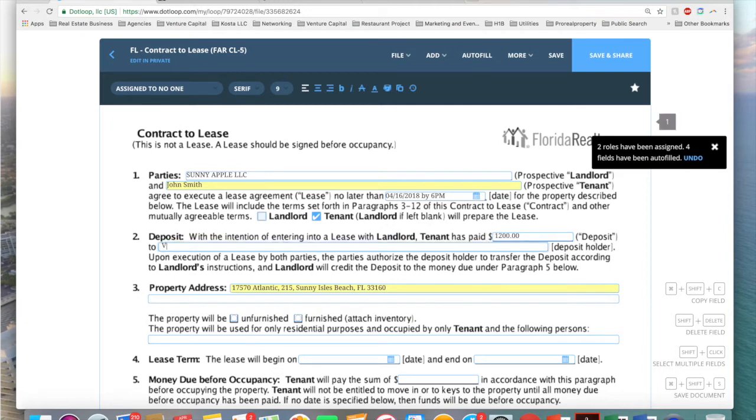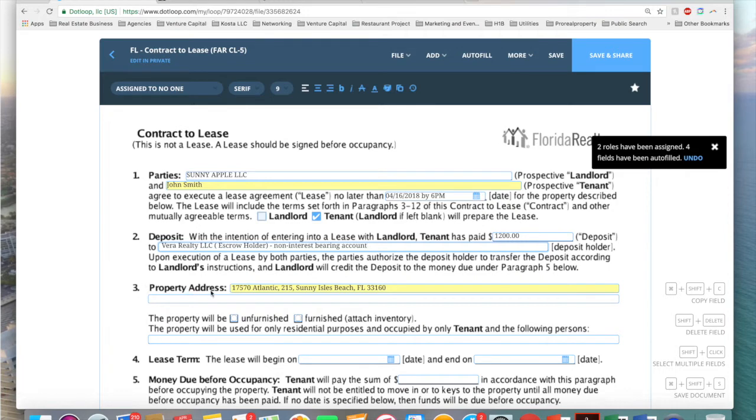Deposit to Vera Realty LLC escrow holder, and we will specify that is non-interest bearing account. Moving forward, upon execution of the lease by both parties, the parties authorize the deposit holder to transfer the deposit according to landlord's instructions, and landlord will credit the deposit to the money due under paragraph 5 below.